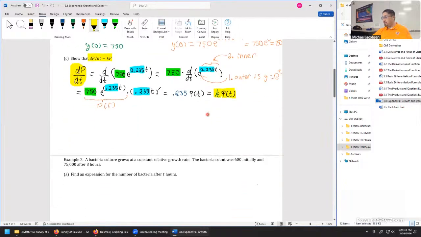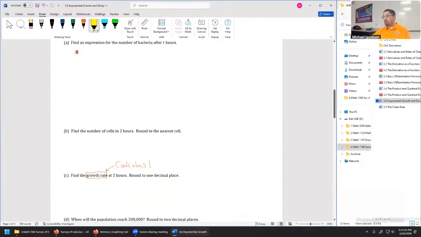If you did that derivative, say you differentiated whatever you got in part A, you will not have to reinvent the wheel. If it says growth rate, you'll just use the fact that dp dt equals k, we'll solve for that, times p. We'll want p at 2 hours, but that's what the prior step B is all about.